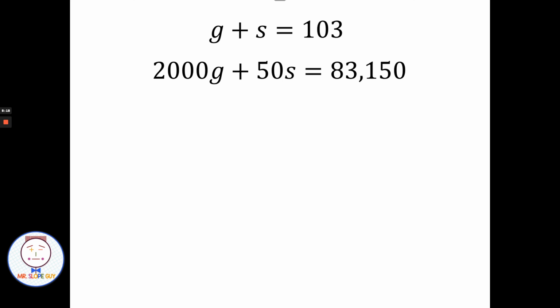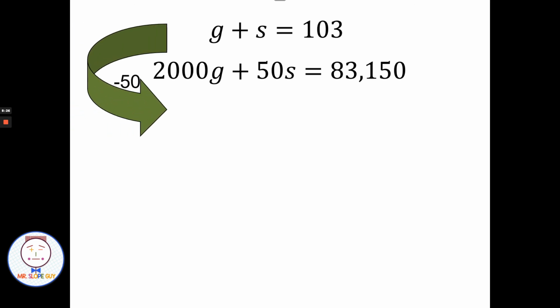So I want to look at getting the G's to drop out or the S's to drop out. Since I have a positive 50S, I can multiply that top equation by -50 and make the S's drop out. I just need to make sure I multiply the entire left side and the entire right side. So I get -50G minus 50S equals -5,150.